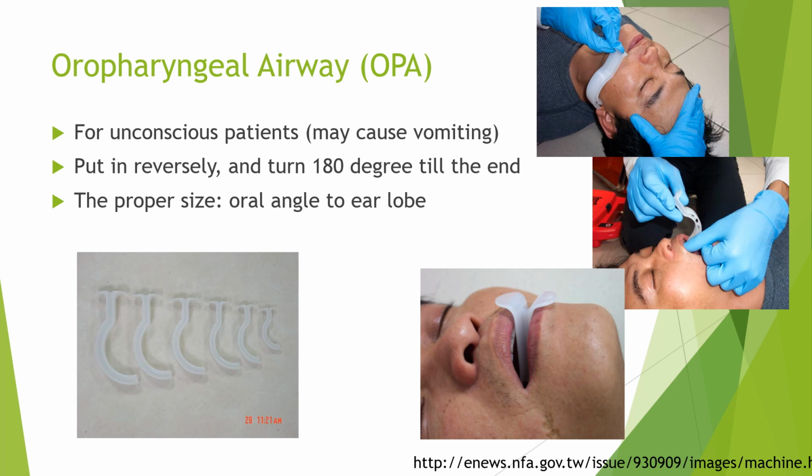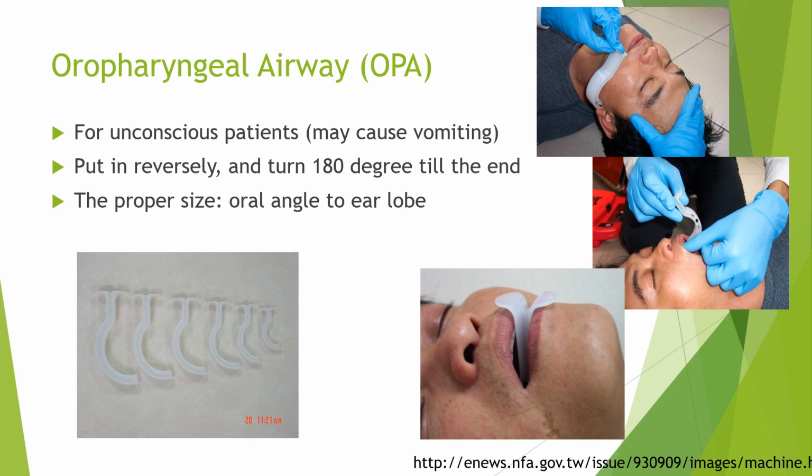The oropharyngeal airway is for unconscious patients. Why? Because the oropharyngeal airway goes to the oropharynx, which might cause vomiting. So for those who are conscious, maybe partially conscious, and still have a gag reflex, we should not use the oropharyngeal airway.